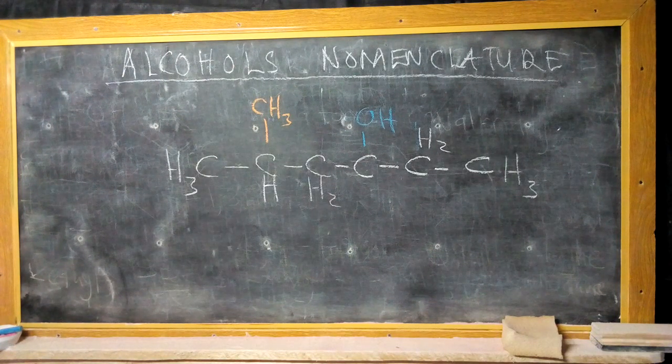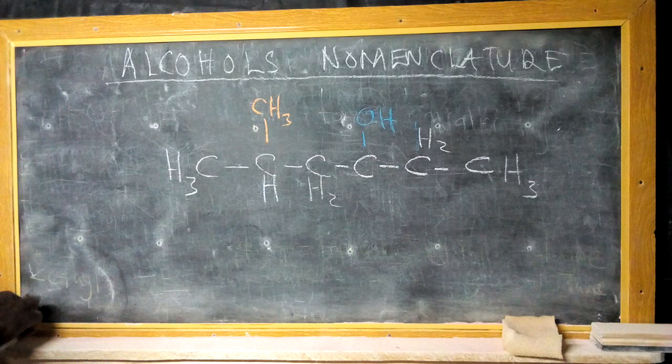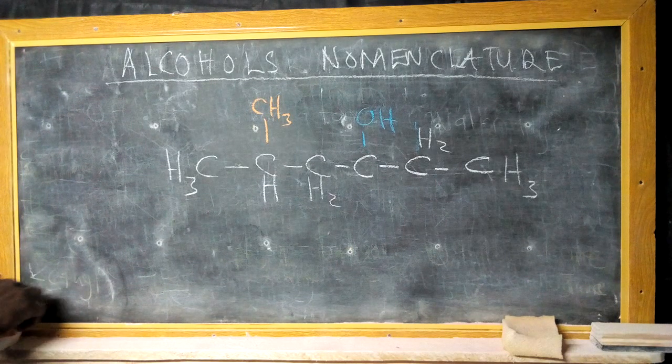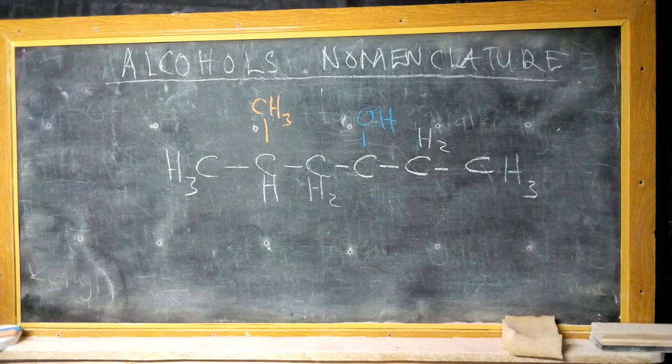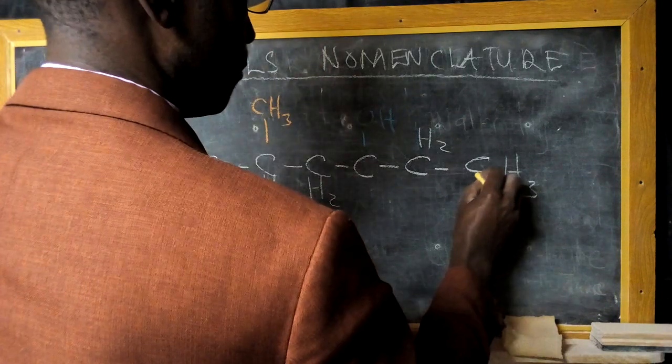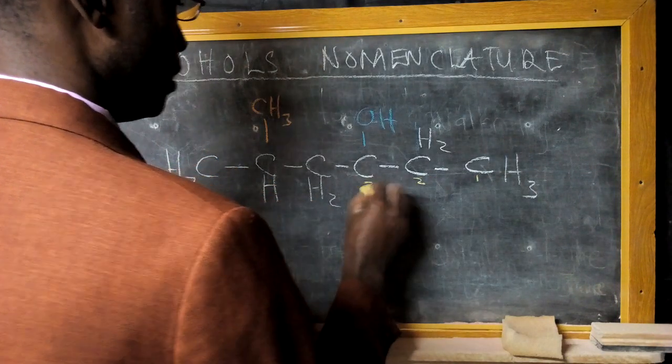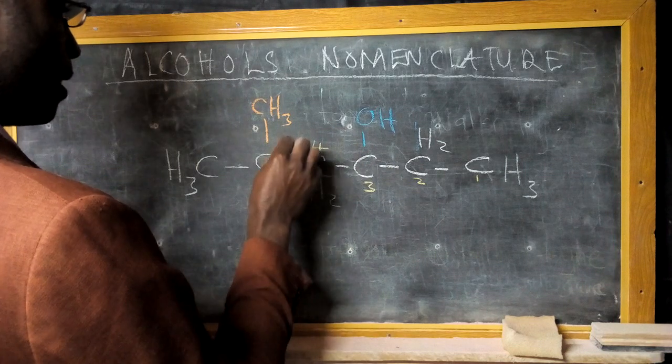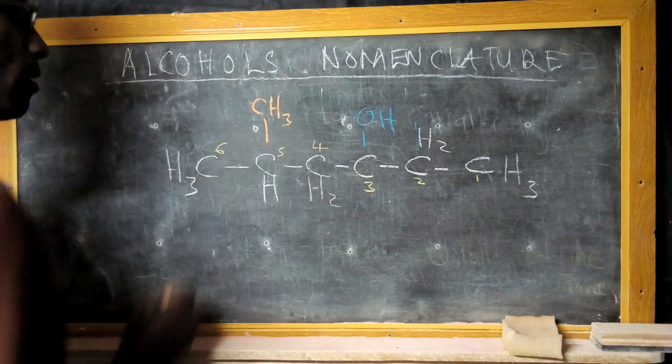So as it is normal in naming of other compounds, we shall have to look at the position of the substituents and the position of the functional group. So if we do a numbering for those particular carbon atoms, we have 1, 2, 3, 4, 5, 6.